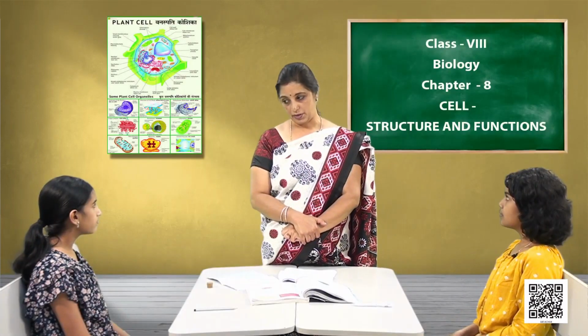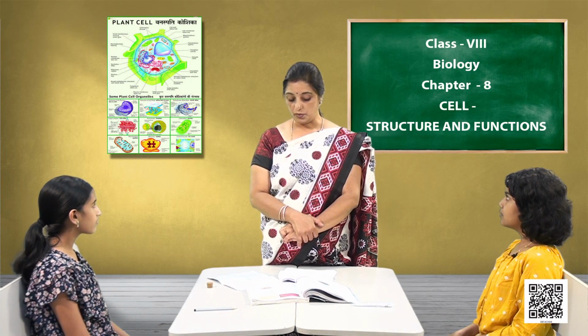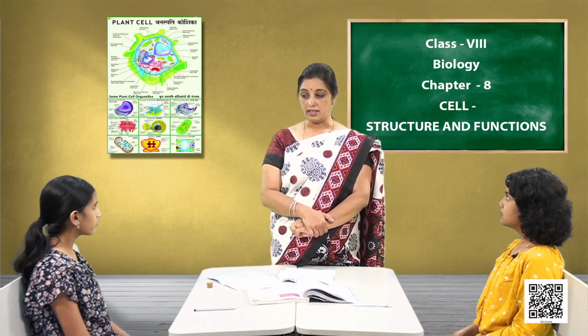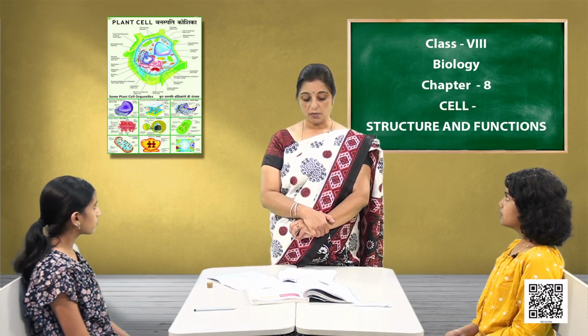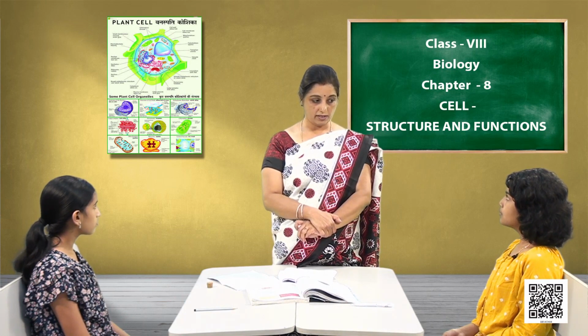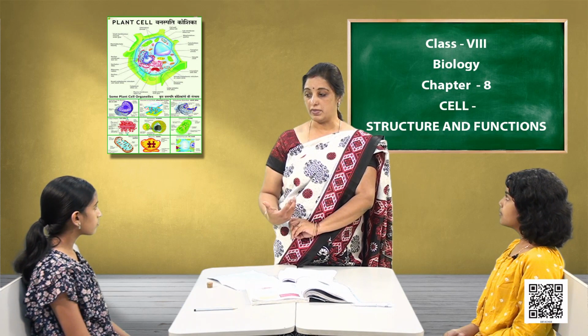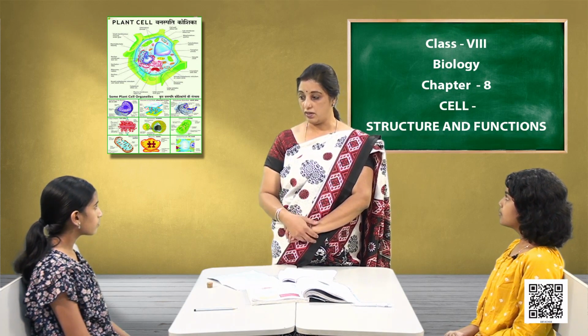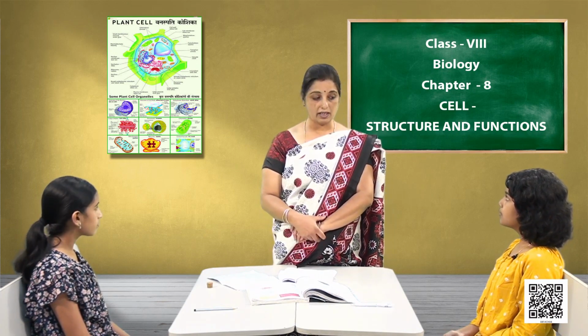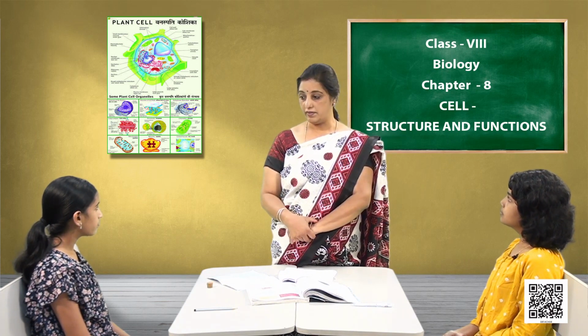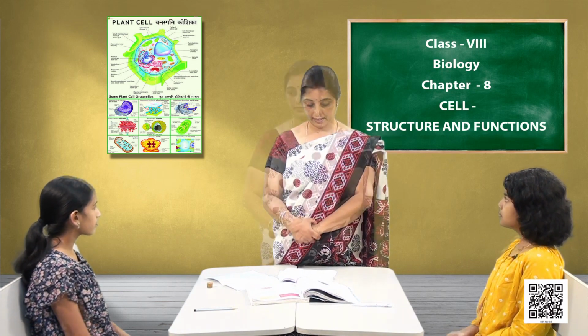Ma'am, microscope. Yes, microscope. The smallest cell is 0.1 to 0.5 micron in size. These small sizes can be in the form of bacteria, or even the cells which are there in our body are very small.